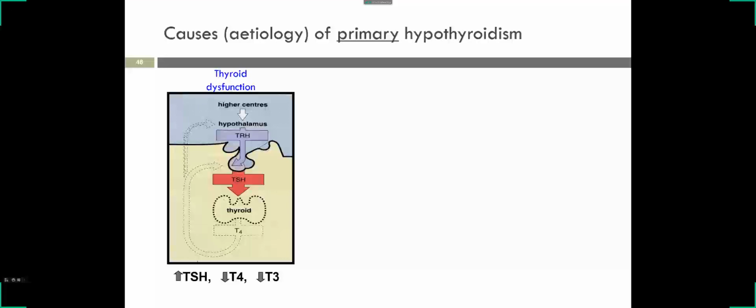For women that are pregnant, in 5 to 10% you will have postpartum thyroiditis. This is characterized by a hyperthyroid phase within 4 to 6 months of delivery of the baby, followed by a hypothyroid phase with subsequent restoration of normal thyroid function.